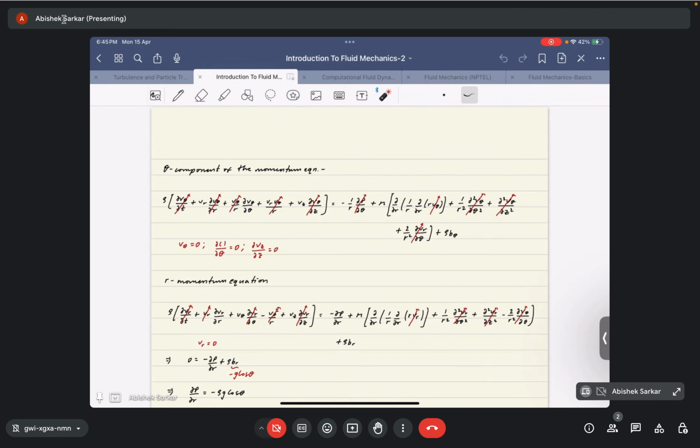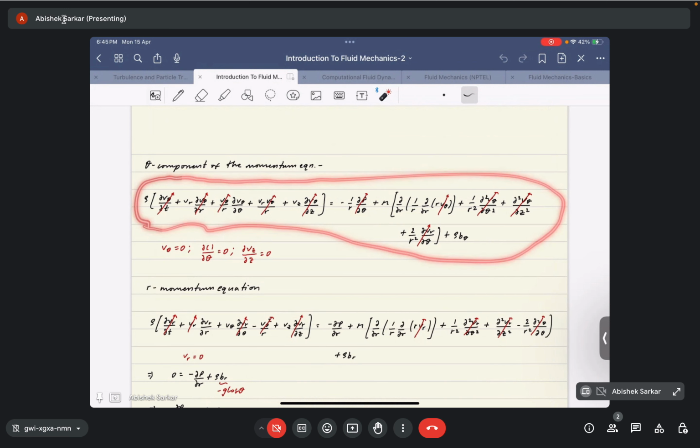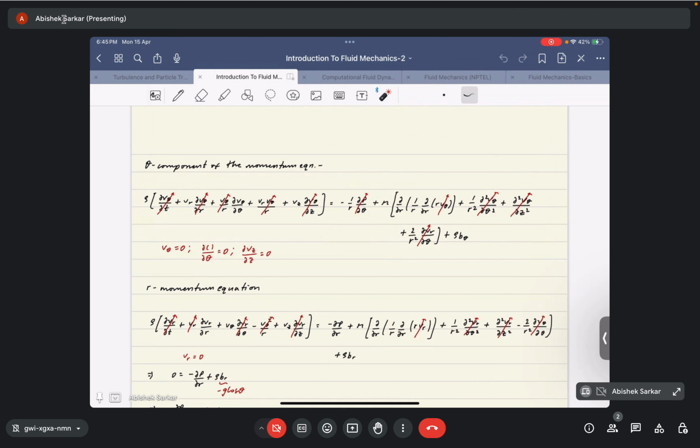Okay, so in general, it's usually not a necessity to remember by heart the entire form of the governing equation, because those are already given in the standard books, and usually any professor that is going to take the fluid mechanics course will encourage the students to have an equation sheet that has the entire governing equation.